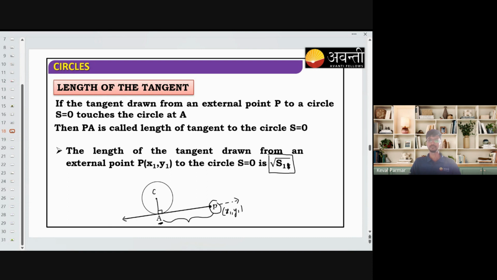If S is the equation of the circle, then S1 is obtained by substituting point P in the equation of the circle. I hope you're getting it.